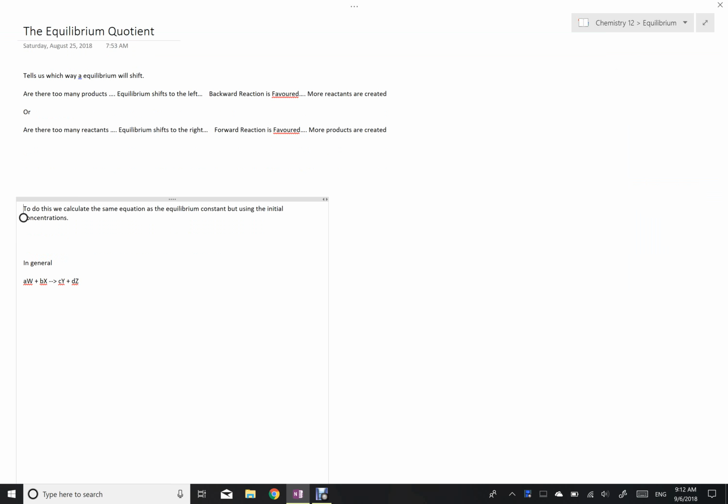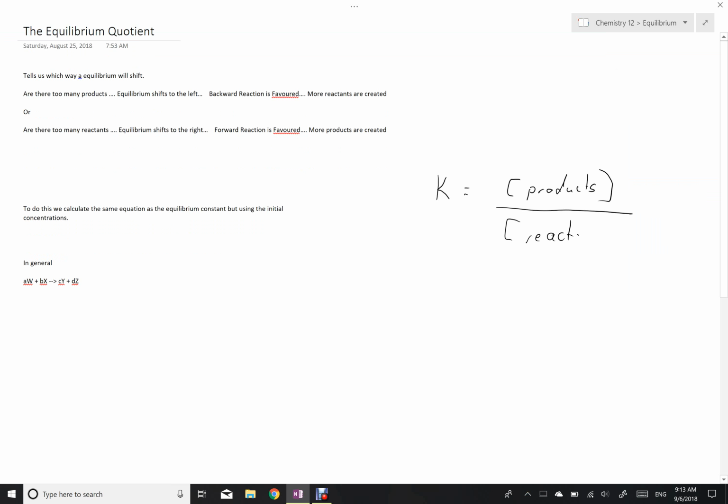So the idea here with our typical equilibrium constant K, we have the concentration of the products over the concentration of the reactants. And this is at equilibrium.